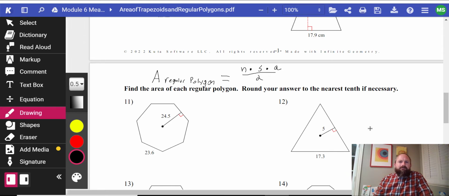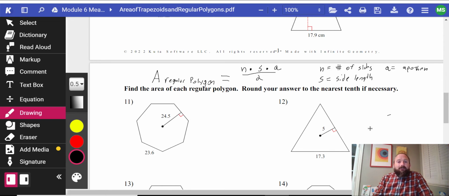So what is this? Well, n equals the number of sides. So how many sides is it? If it's a triangle, times it by 3. S equals the side length and A is the apothem. What is that?